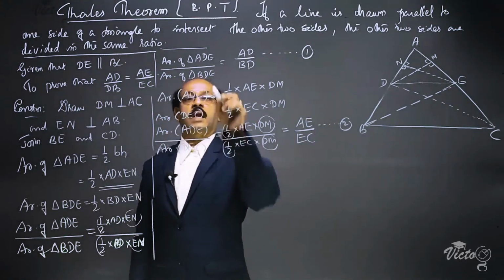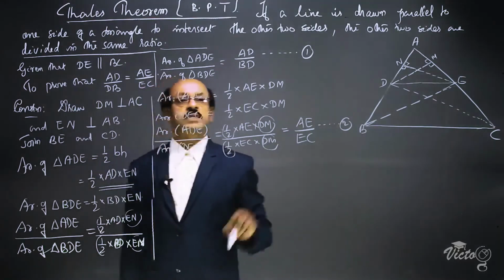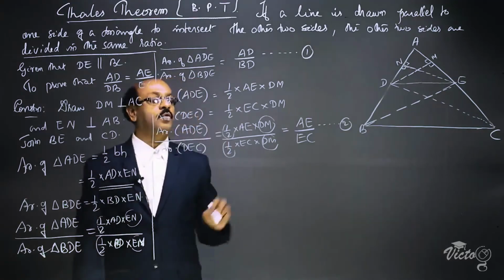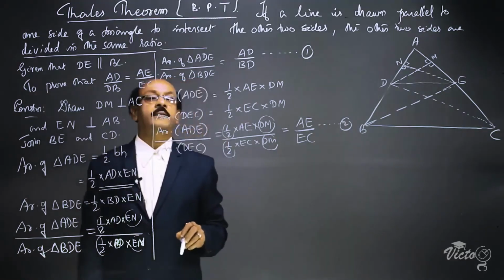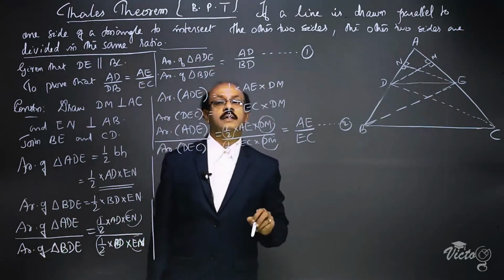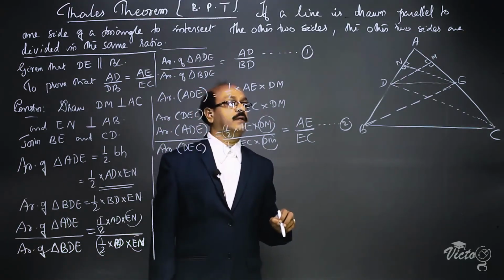Now consider the LHS of equation numbers 1 and 2. The numerators are equal, area of triangle ADE, and the denominators are area of triangle BDE and DEC. Consider the triangles BDE and DEC.